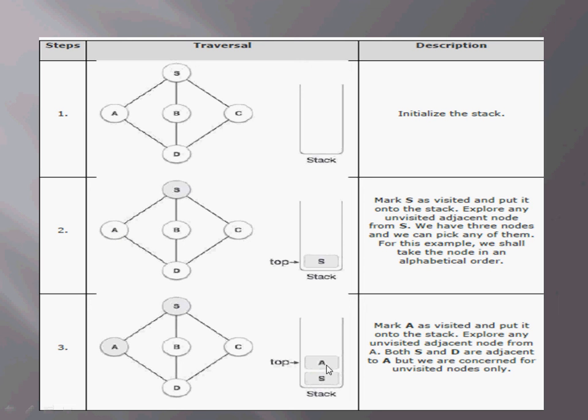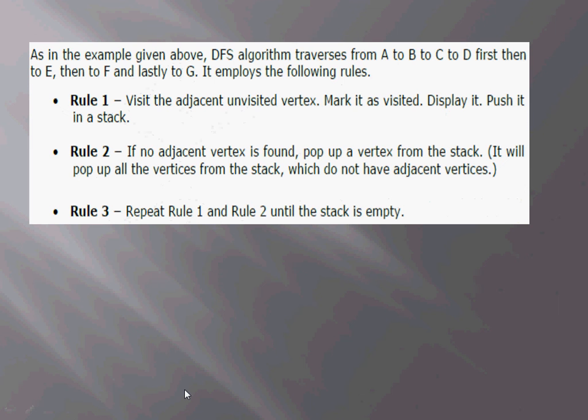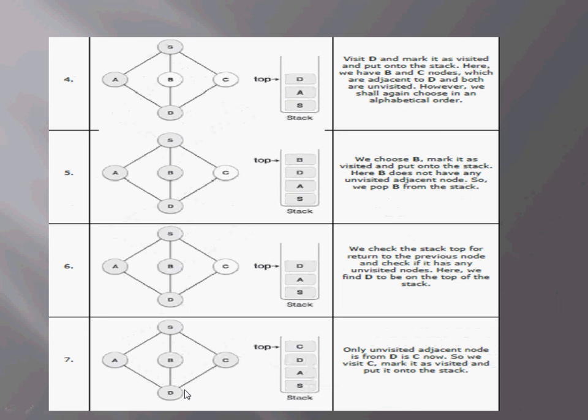So we insert A, and from A here is D. There are 2 connections, D and S. D is not visited, so we insert D into the stack.